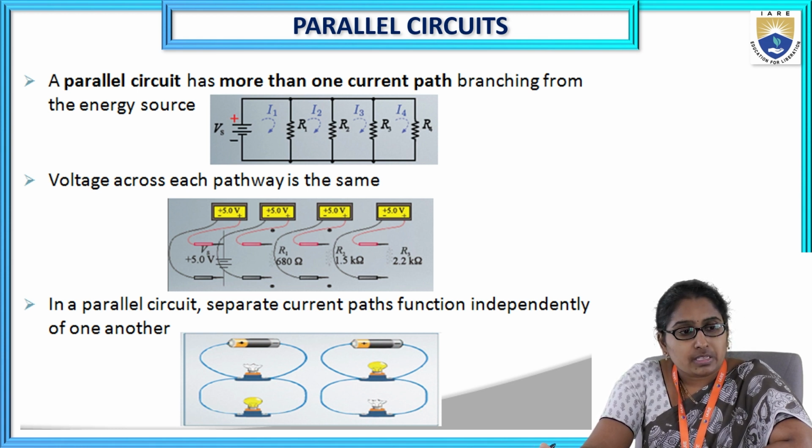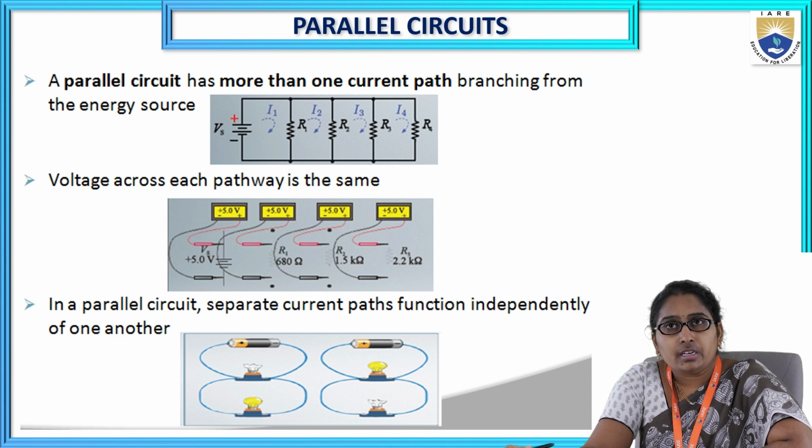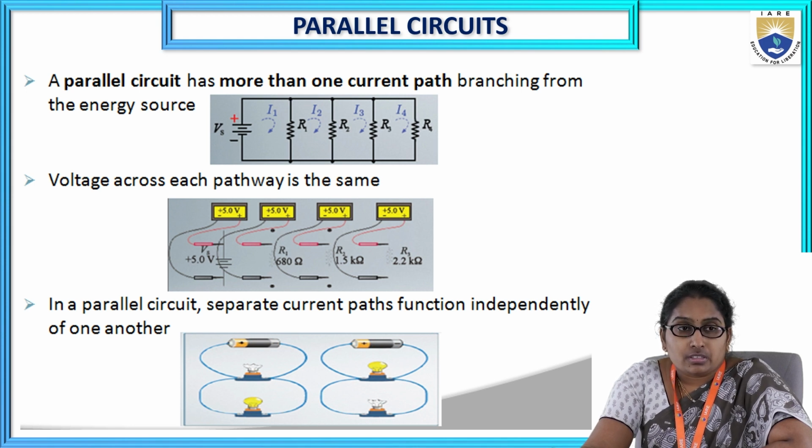It is exactly the contradiction of a series circuit. In a series circuit, the current flowing through each element is the same. But in a parallel circuit, which has more than one current path, each element has its own current.